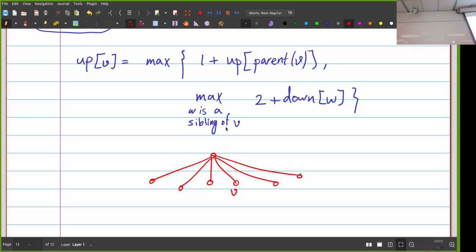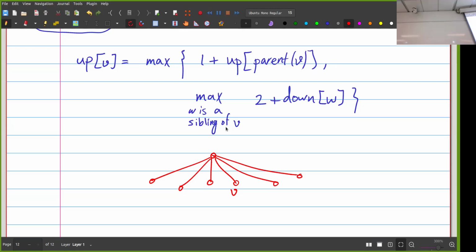But there is another problem here. When I say W is a sibling of V, it cannot be V itself. So instead of just keeping the maximum value, I have to keep the two highest values: the maximum and the second maximum. So when I'm at this parent, I go over all of the children and I find the maximum down value and the second maximum down value.